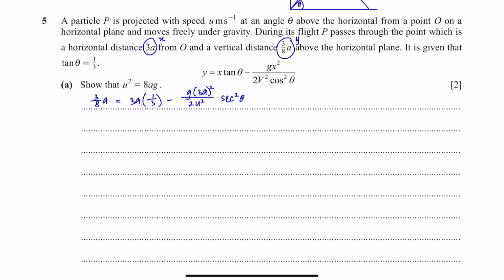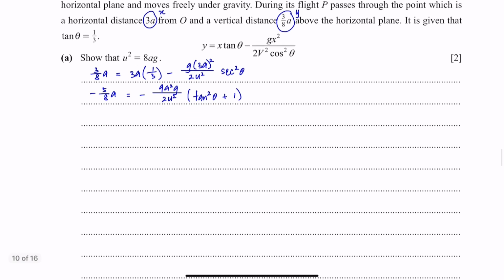So we have negative 5 over 8a equals negative 9a squared g over 2u squared, and secant squared theta can be written as tangent squared theta plus 1. And we already know that tangent theta is 1/3, so we can just sub the value in.